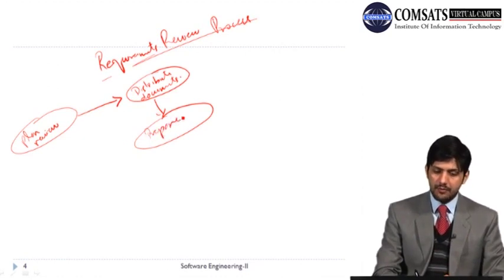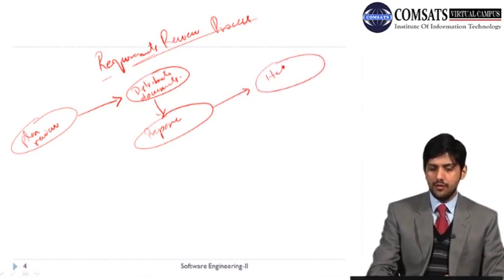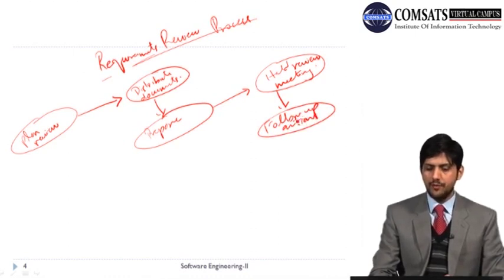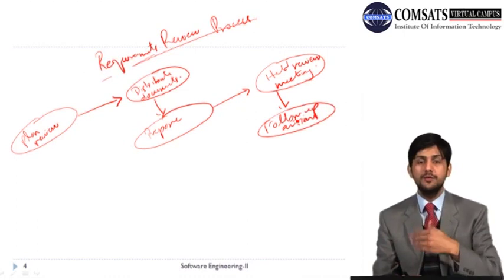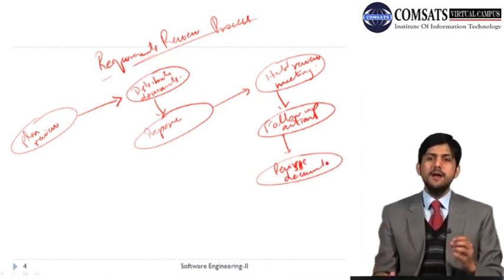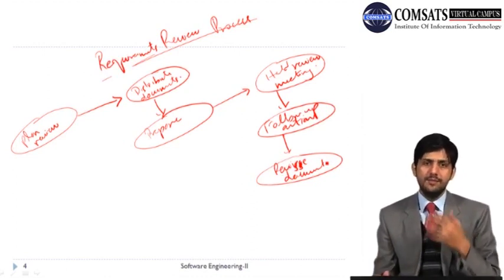So they prepare, and next we conduct the review meeting. Then follow-up actions are taken. For example, whatever was decided in that meeting, you need to follow it up as well. And then you revise your document. So these are the activities that are performed during this requirements review process.